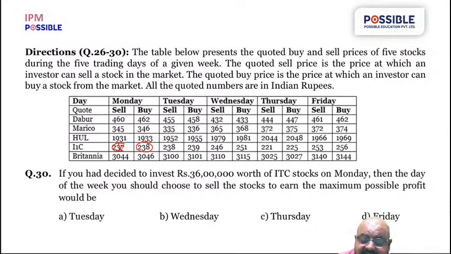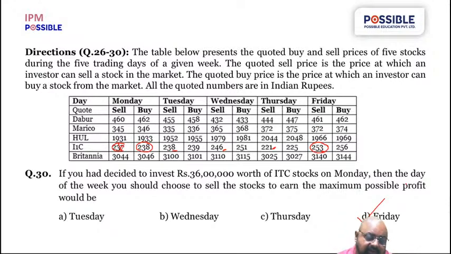And the price is highest on Friday. The selling price is highest on 238, 246, 221, 253. The selling price is highest on Friday, so the maximum profit can be had when the selling price is maximum, and therefore Friday.